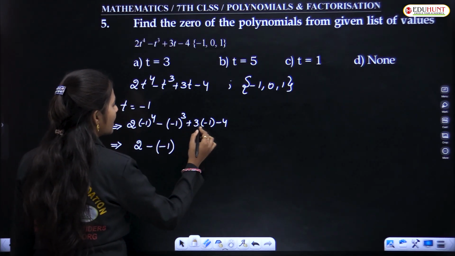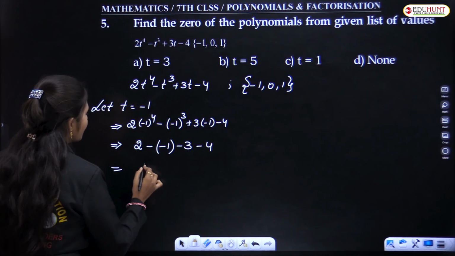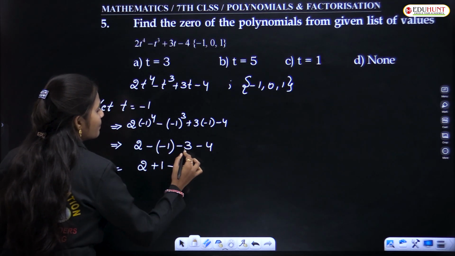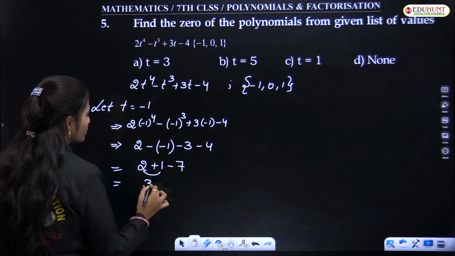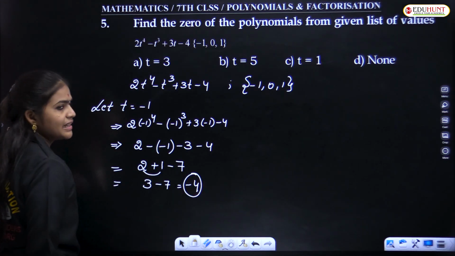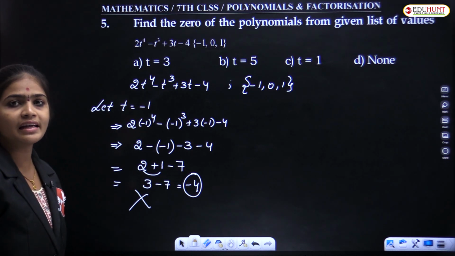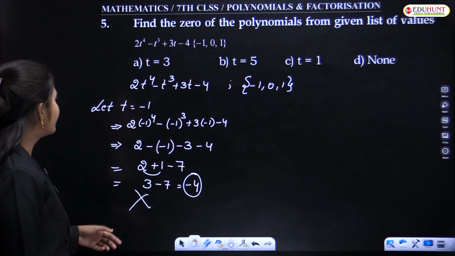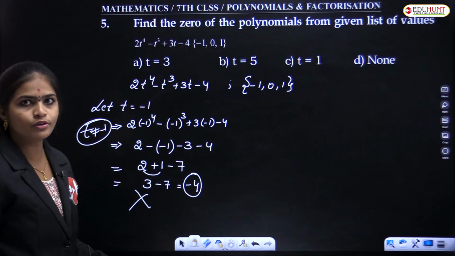Next, plus into minus is minus 3 into 1 is 3, minus 4. So which is equals to 2 minus into minus is plus 1, minus 3 minus 4 is minus 7. So 2 plus 1 is 3, minus 7 is minus 4. So this is also a wrong option, because here we have to get the answer as 0, but we are getting minus 4 as the result. That's why t is not equal to minus 1.